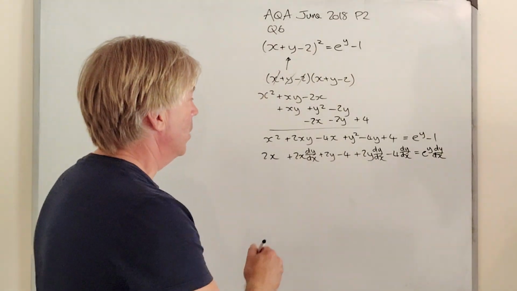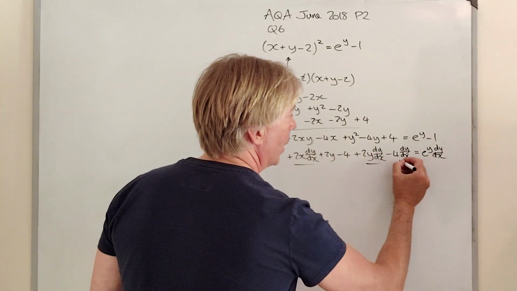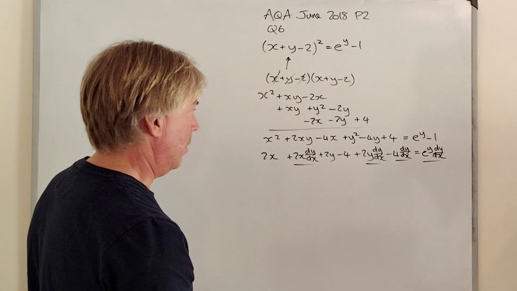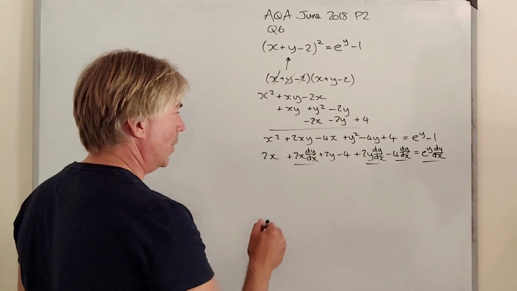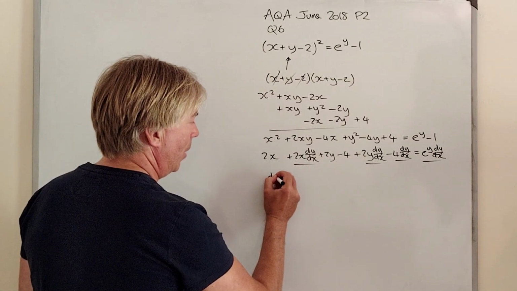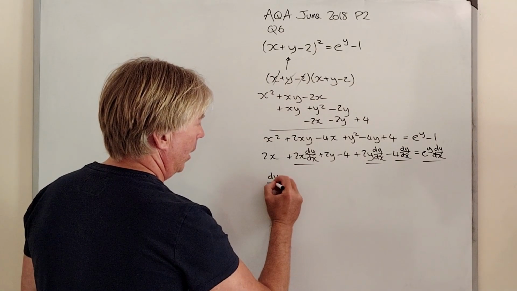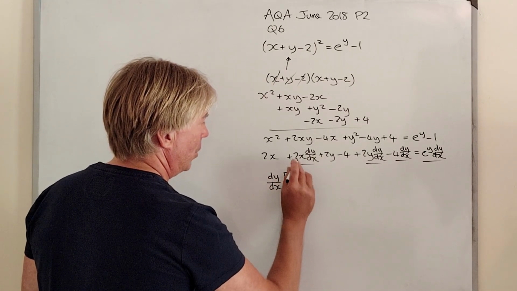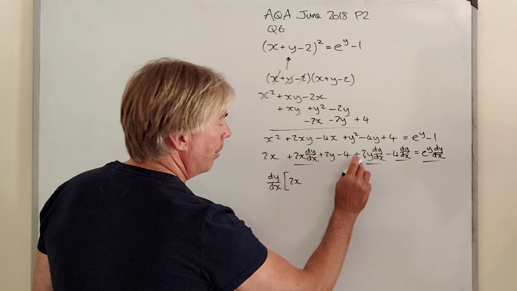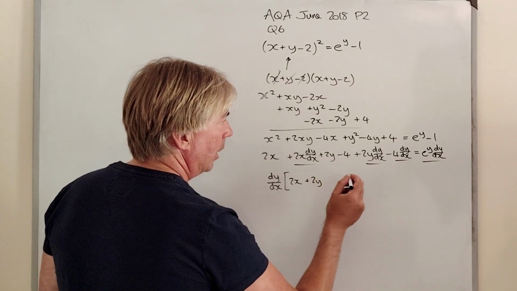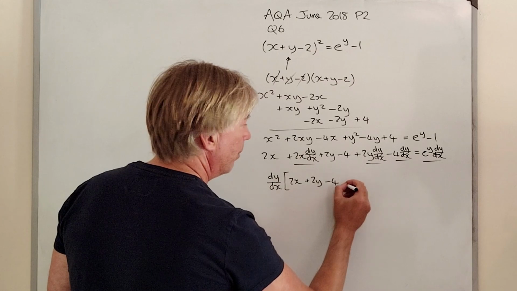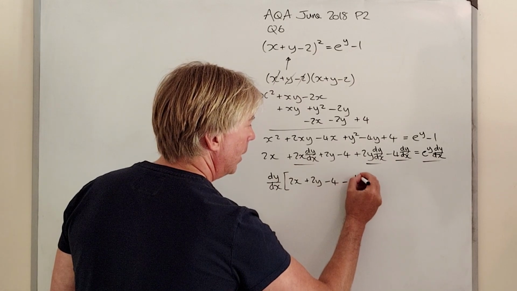So we have a very long derivative here, and we're going to have to try and collect stuff together. Obviously we're interested in the dy by dx terms. So let's see what happens with that. We get dy by dx, and then we put some brackets in, we get 2x plus 2y minus 4, and then on the end we get minus e to the y.